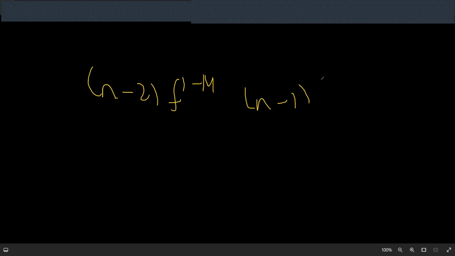First shell, n-1 second. So this is first, penultimate, then antepenultimate. So their general configuration is (n-2)f1 to 14, (n-1)d0 or 1, and ns2.